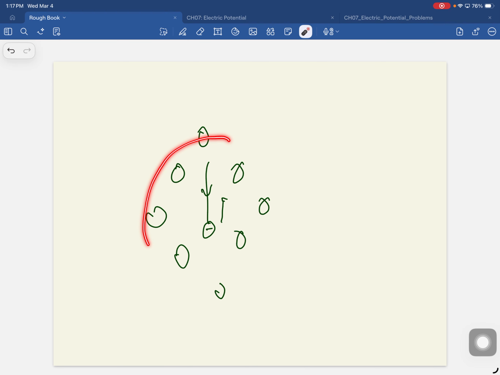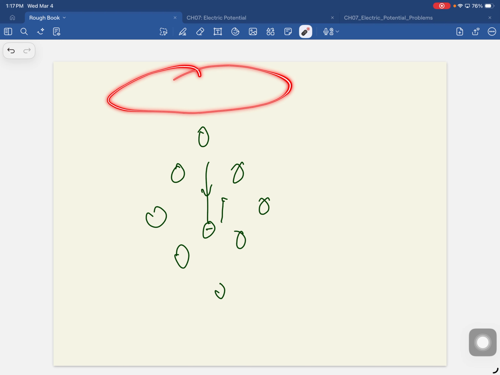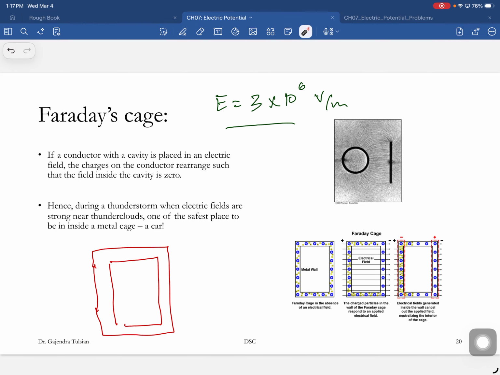And now the air has become conducting. If there's a thundercloud here, and this is conducting, it's like connecting a wire through the atmosphere, through your body to the ground. And that's not good for you. 500,000 amperes passing through is not a very good feeling. Anyway.